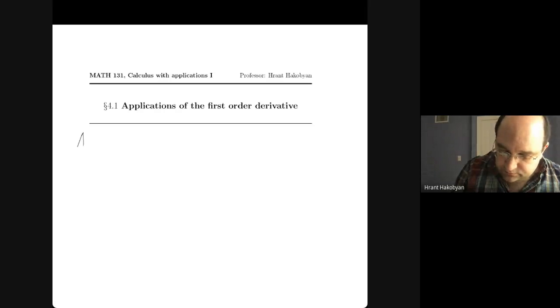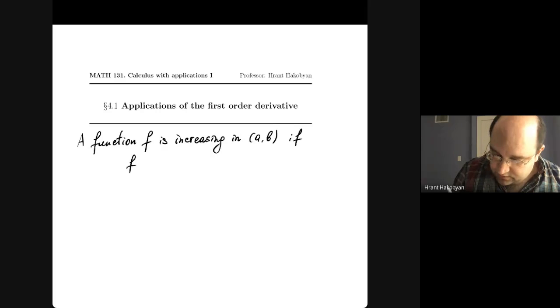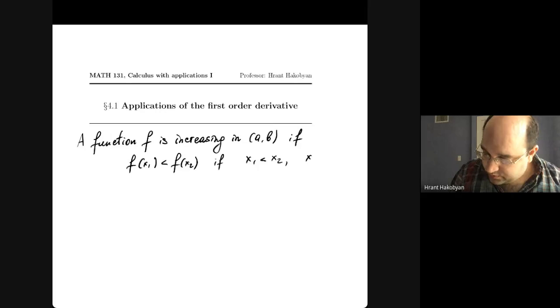A function f is increasing in an interval, let me just say in interval AB, if you have that f(x1) is less than, or let's just say less than, f(x2) if x1 is less than x2, and those are both points inside the interval. So x1, x2 are inside the interval AB.